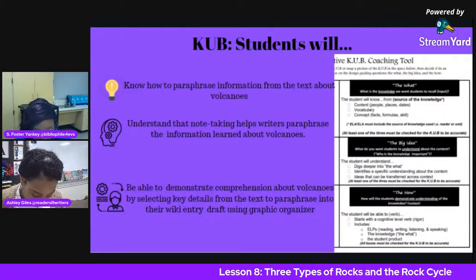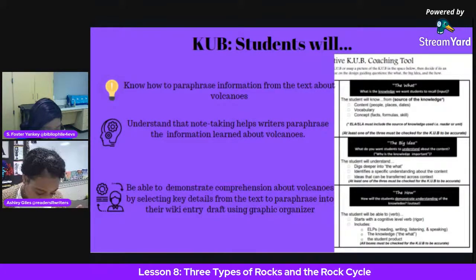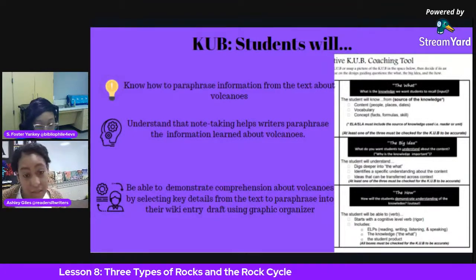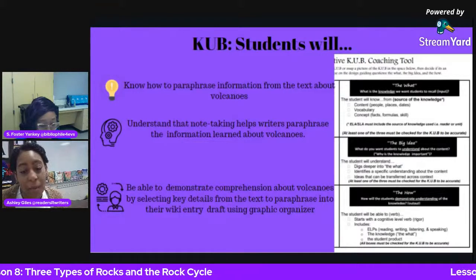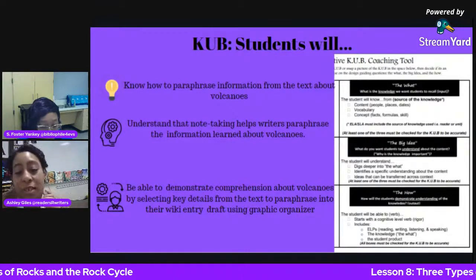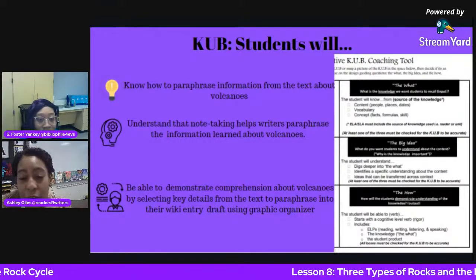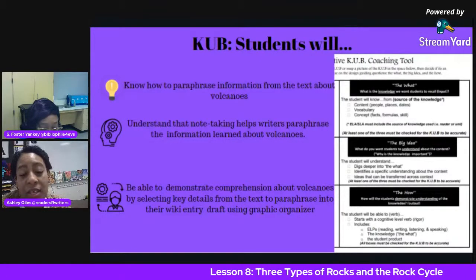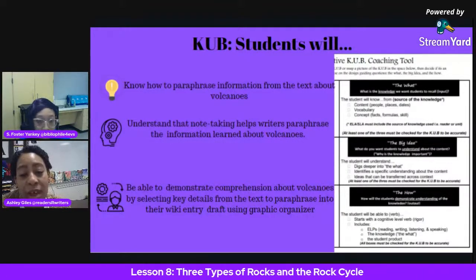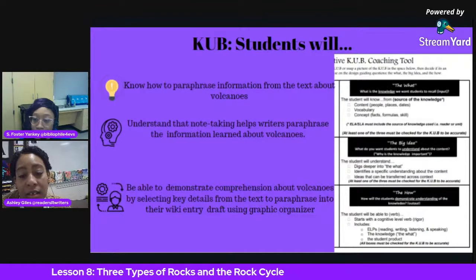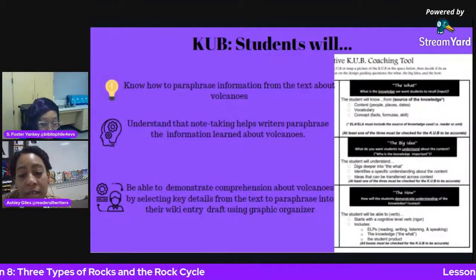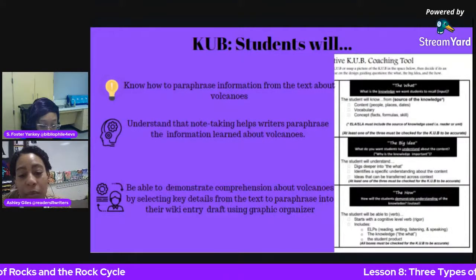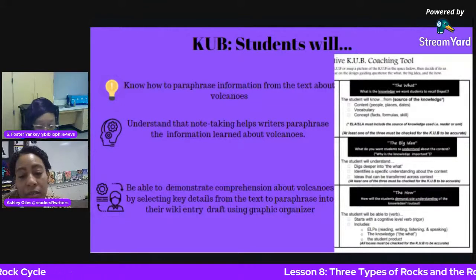Is draft a cognitive verb? It felt like a list. Now that you say that, draft could be the cognitive verb, and so I could have said the student will be able to draft a wiki entry.